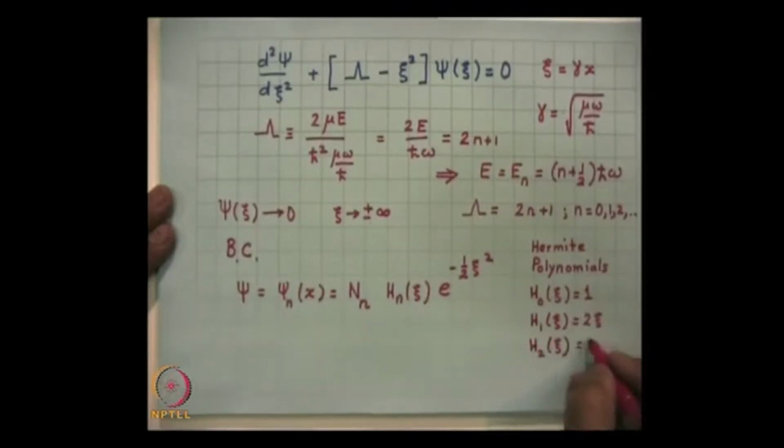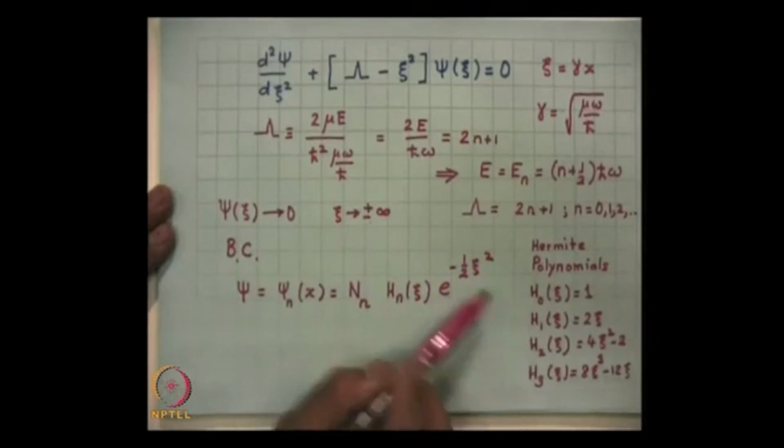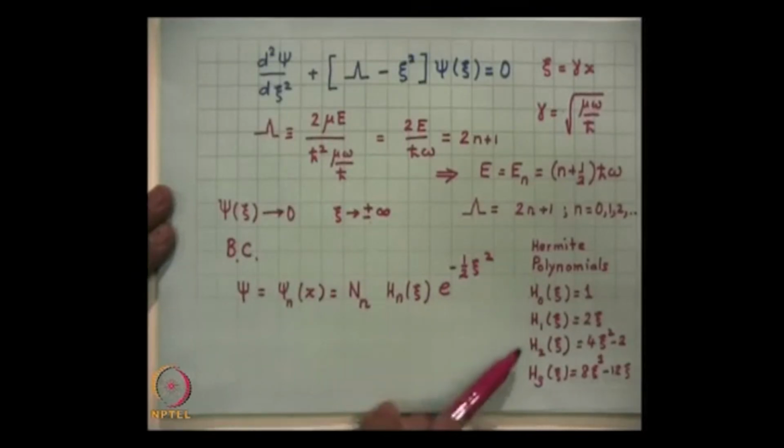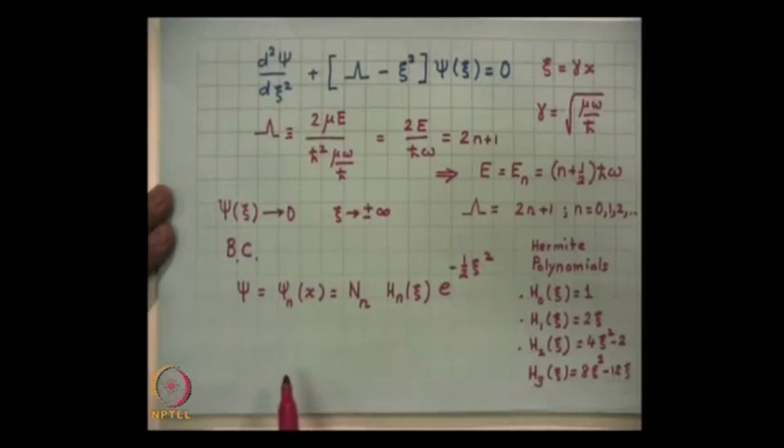H 2 of xi is 4 xi square minus 2, and H 3 of xi is 8 xi cubed minus 12 xi. I wrote 4 of them to show that they are alternately even and odd. This is even, this is odd, this is even, and this is odd.